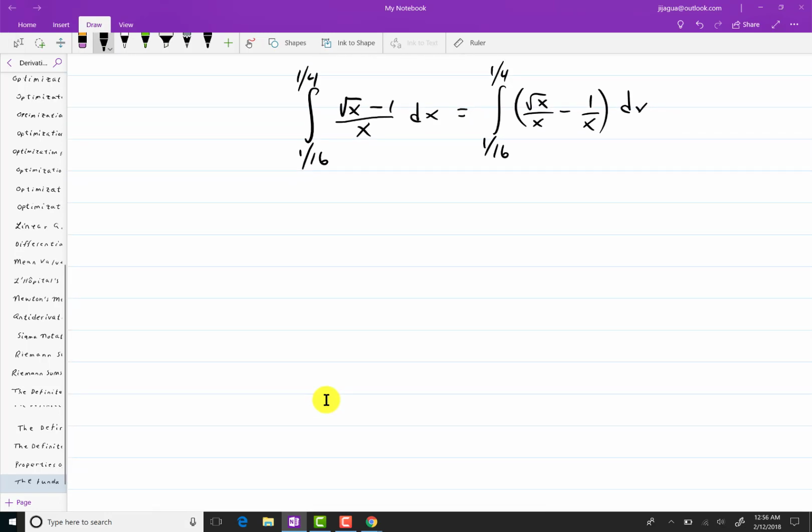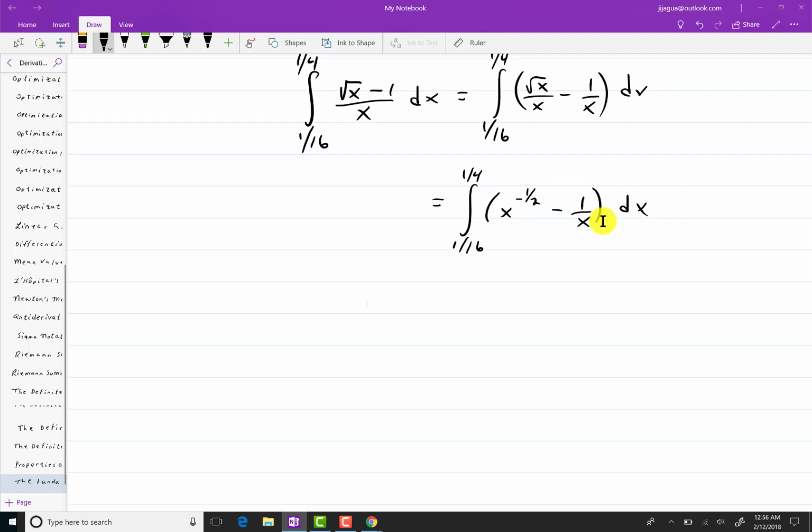And then that will give me the integral from 1 over 16 to 1/4. This right here will give me 1 over the square root of x, or x to the negative 1/2. And this one I'll leave alone because I know that an antiderivative for that is ln of x.